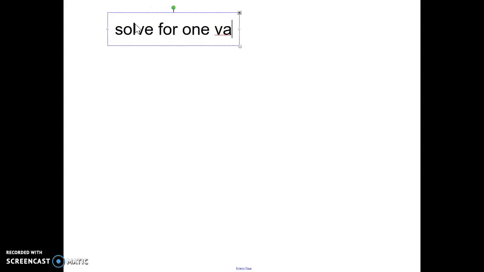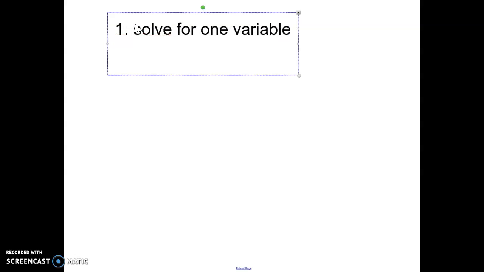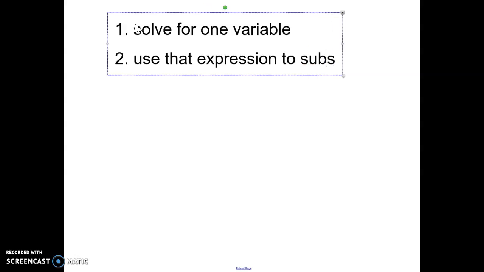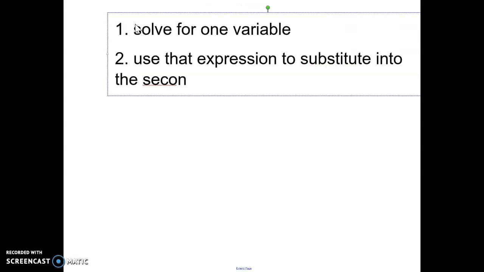So I'm going to go ahead and insert a page here, and let's look at the steps that we just did on the last page. First, we solved for one variable, and sometimes that's already done, right? That was already done in that case. We knew what y was to start with. Then we used that expression to substitute into the second equation.